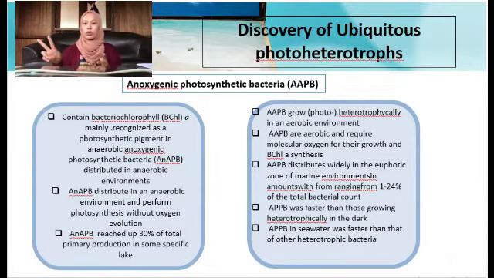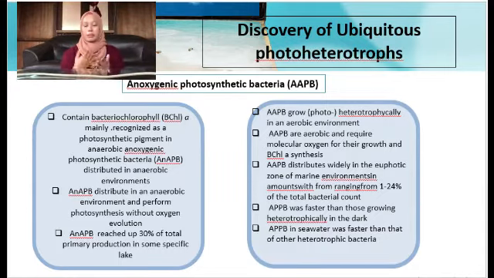In 2000, two more groups were found: the aerobic anoxygenic photosynthetic bacteria, which we call AAPB, and proteorhodopsin phototrophs. AAPB contain bacteriochlorophyll, recognized as a photosynthetic pigment, similar to anaerobic anoxygenic photosynthetic bacteria, ANAPB. ANAPB perform anaerobic photosynthesis and reach 30% of primary production in some places, while AAPB grow photoheterotrophically.